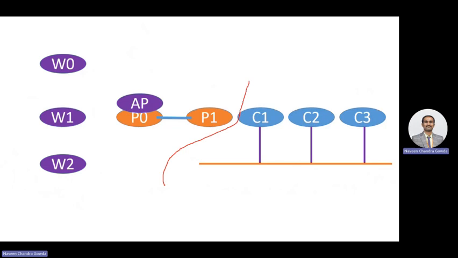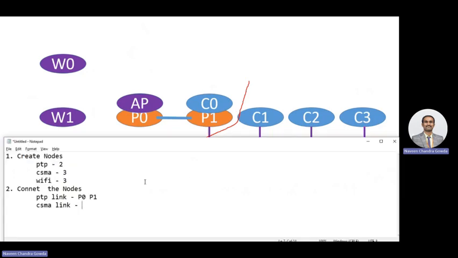So you have to make this P1 also a member of your CSMA family. So by using a CSMA link, I'll be connecting P1, which itself will act as C0, then C1, C2 and C3. These are all the nodes which are connected by using a CSMA link.